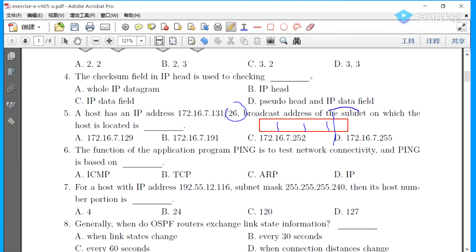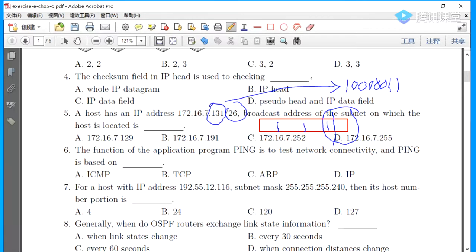So we should turn the fourth byte, that is 131, into binary notation, right? 131 in binary notation is 128 plus 3, that is 10000011.